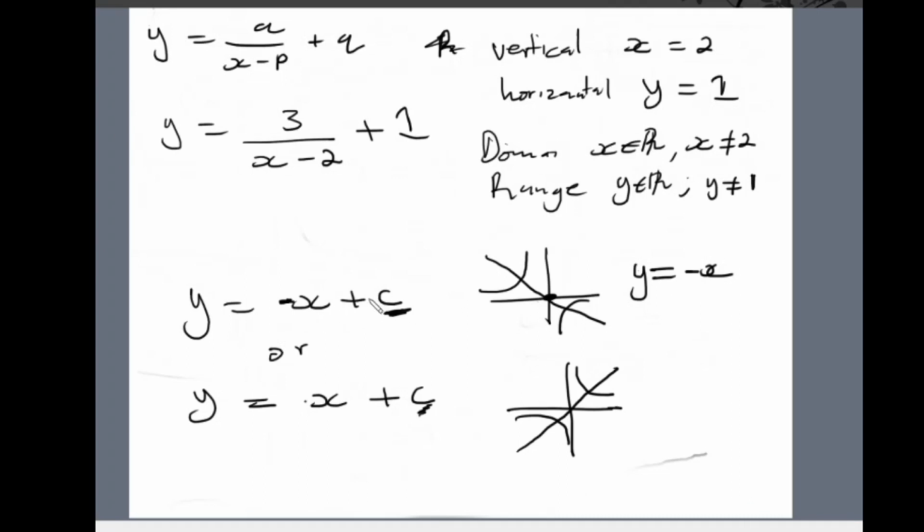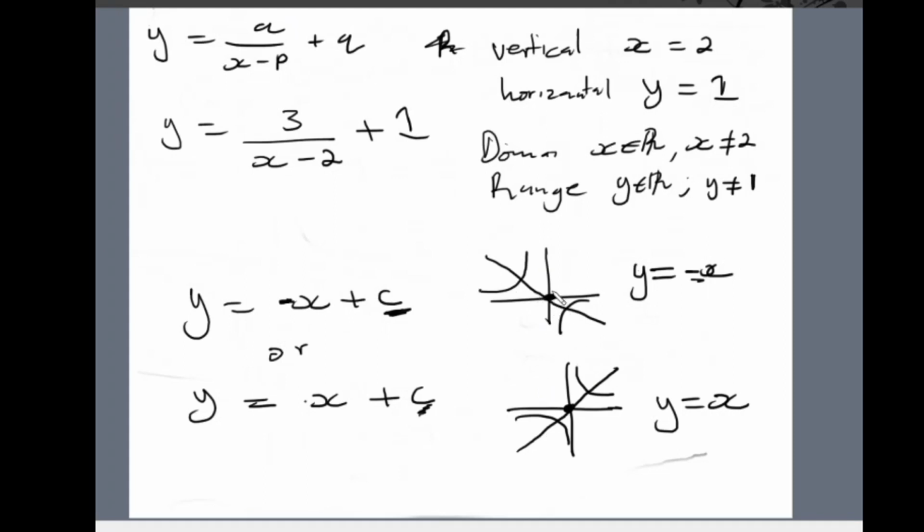So it's minus x plus 0, which is just minus x. And then again, for this standard form, the y-intercept is 0, which means your line of symmetry will have this equation. But then for the other forms, to determine the equation, you will have to see where the horizontal and vertical asymptote intersect, right?